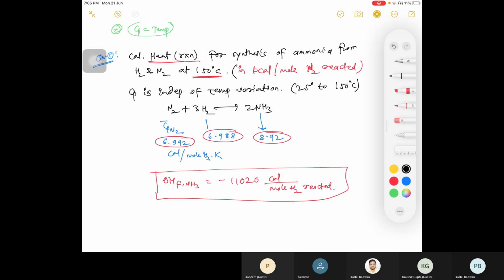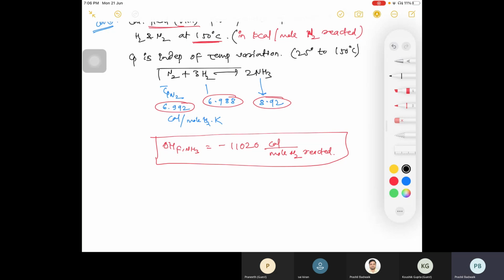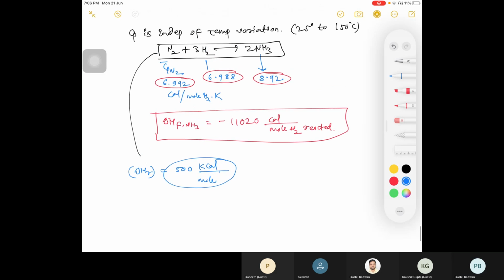Okay. So I'll tell you one concept here. Suppose this is your reaction, and whenever I'm writing delta H reaction, suppose it is 500 kilocalorie per mole. Then it is 500 kilocalorie per mole nitrogen reacted.